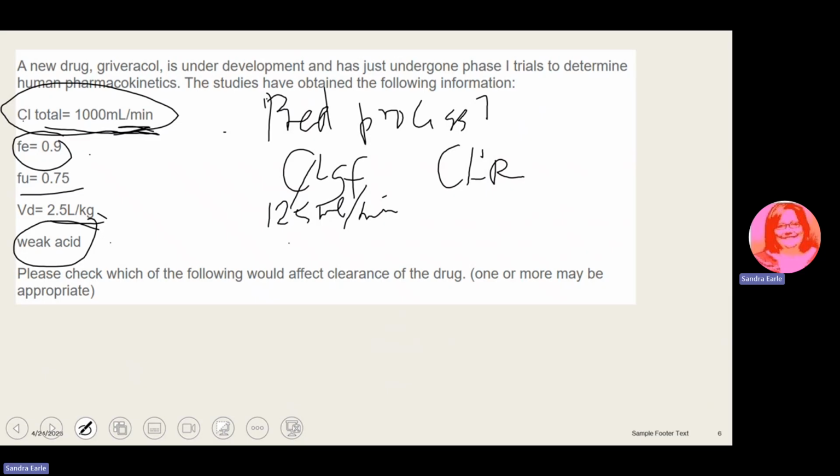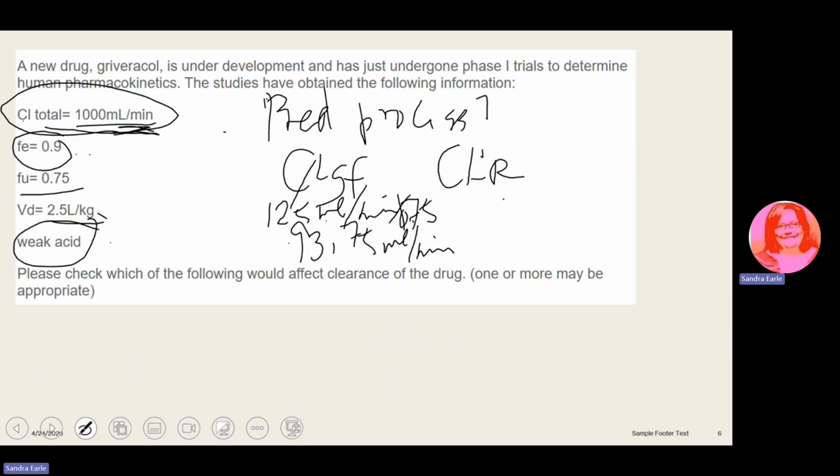So 125 mils per minute times the fraction unbound, 0.75, not 75, sorry. So 125 times 0.75 is 93.75 mils per minute. And our renal clearance is going to be 1,000 mils per minute.